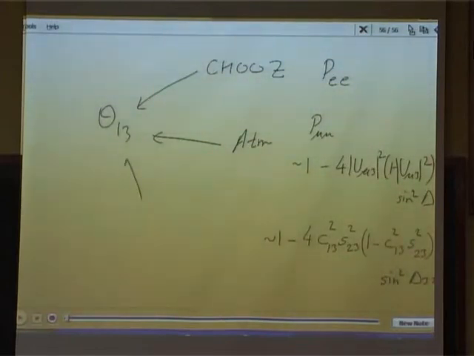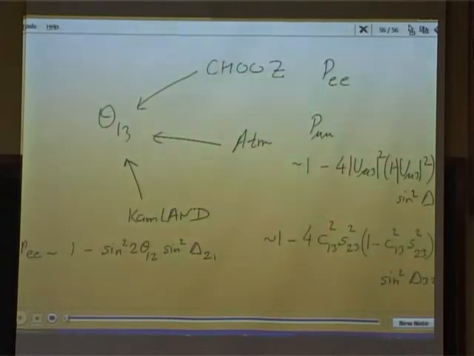Another input actually comes from the KamLAND experiment. KamLAND was a reactor experiment, if you remember. It created nu_e bar and found nu_e bar. Okay, so we saw that we had some P_ee, and it would be 1 minus sin squared 2 theta, which now we know would be 2 theta 12, because that is solar, times sin squared of delta_21.